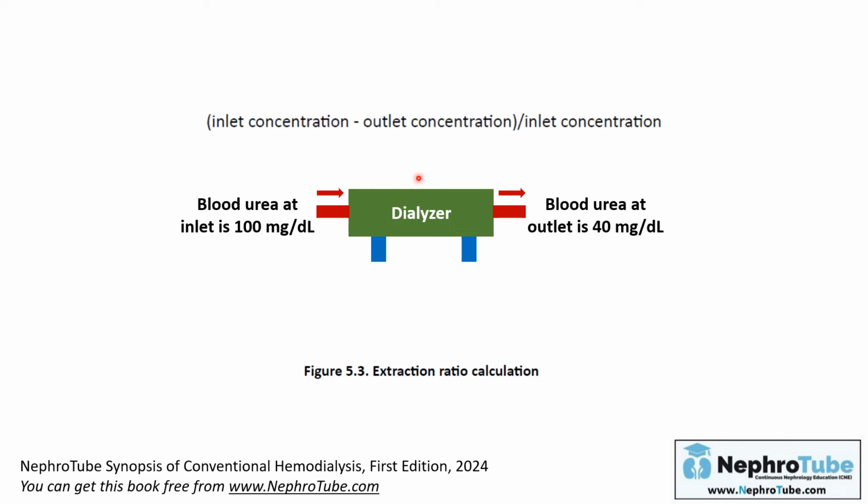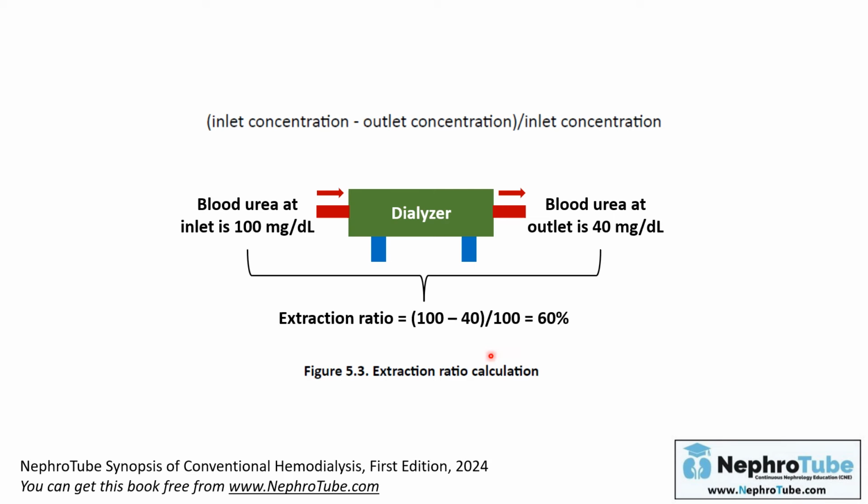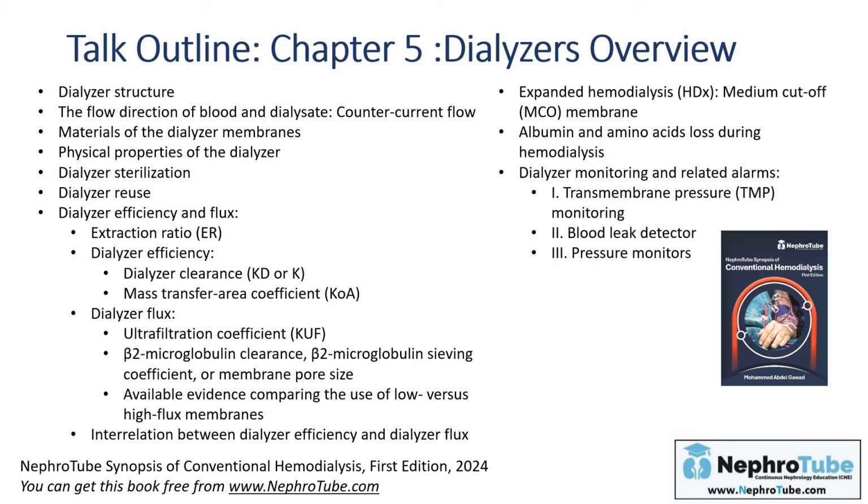Then the extraction ratio is the percentage reduction of urea between outlet and inlet. So if we calculate the extraction ratio here, the inlet concentration is 100, the outlet concentration is 40, and the inlet concentration is 100. So the extraction ratio here is 60%. This means that the urea at the blood outlet is decreased by 60% compared to the urea at the blood inlet.